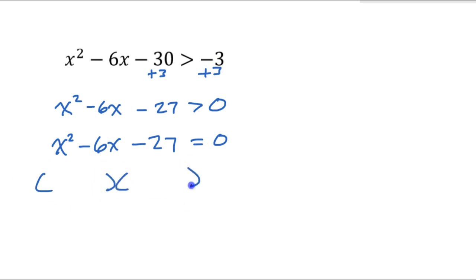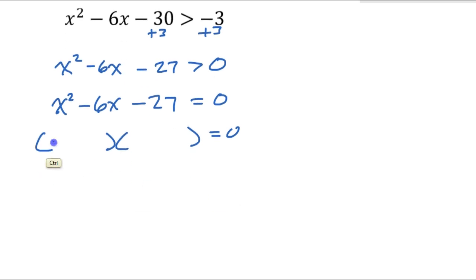My instinct is to try to factor this. If it's not factorable, then I'll have to do the quadratic formula or complete the square. Is this factorable though? Yes. 27, how does that factor down? 3 and 9.